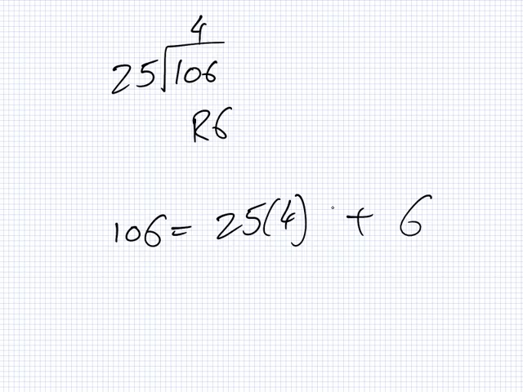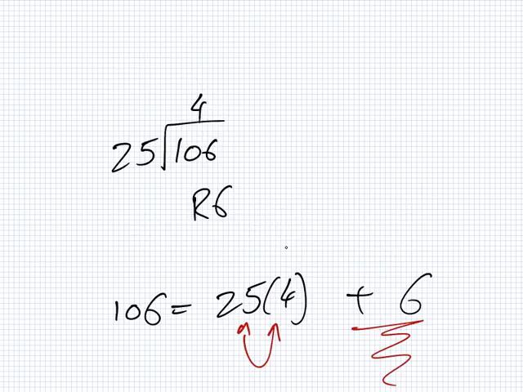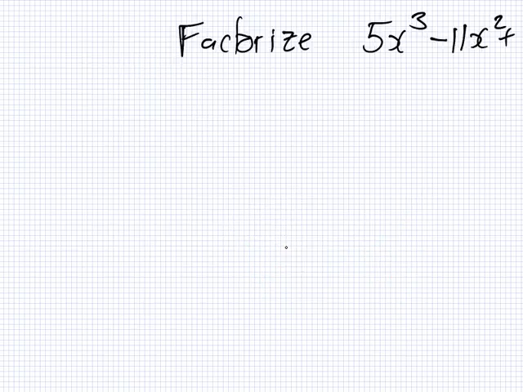So basically the remainder has to be added on after the multiplication. For this, we'll have an example like that later. You'll see.